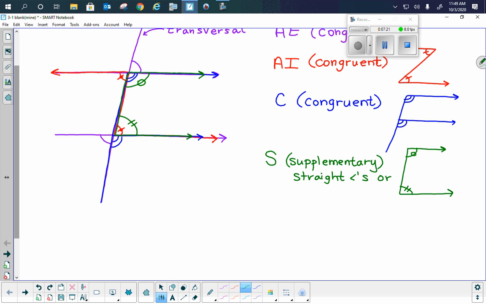And then of course the last one, which really doesn't have anything to do specifically with this picture, which is why I left it separate, are vertical angles, which we abbreviated V. And remember, vertical angles are always congruent.